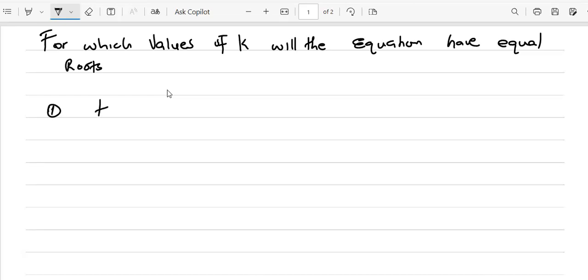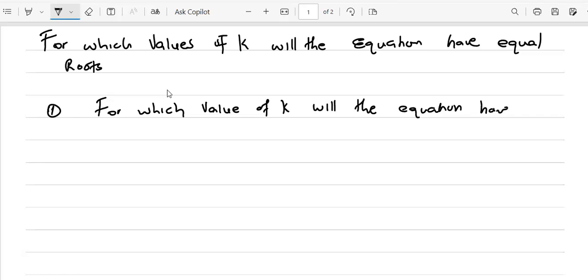For which values of k will the equation have equal roots? This type of question shows up everywhere in an exam.